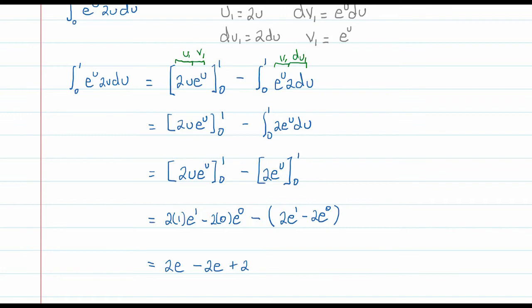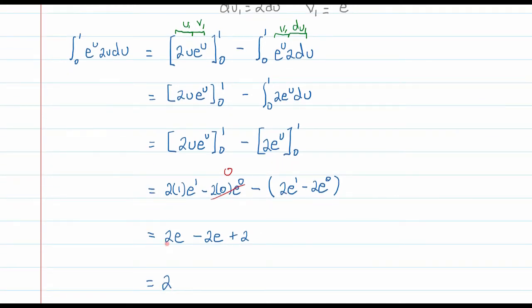Alright, looking at this, we see that this entire term will become 0, and we can simplify to the next line. 2 times 1 is 2, times e to the power of 1 is simply e. This term is 0, so we don't include it, and we're going to open up our brackets here as well.